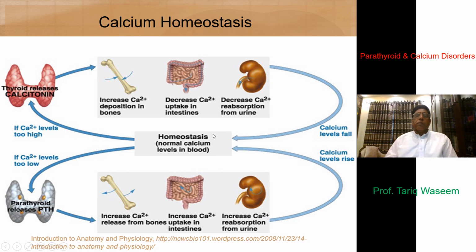Another component for calcium homeostasis is again from the thyroid, but this time not from the parathyroid glands but from the thyroid itself, where thyroid C cells produce calcitonin.